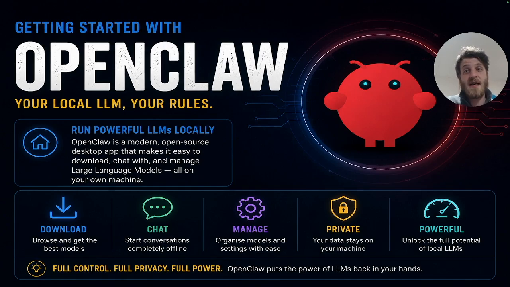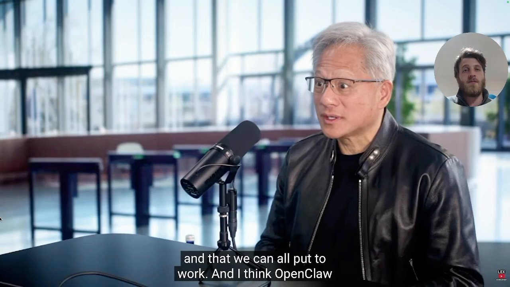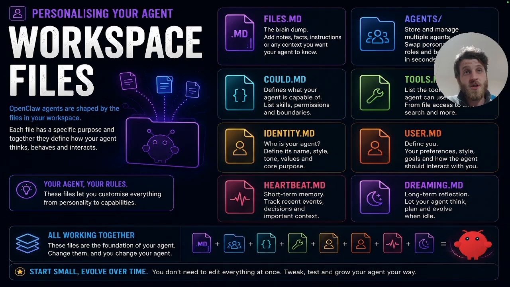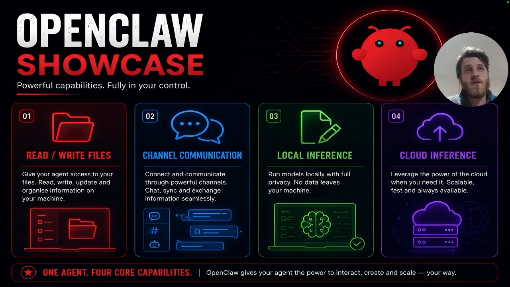We understand that you need large language models to be more powerful to get better results. And we've had an understanding of what Jensen from NVIDIA has highlighted. We've downloaded, installed, configured, verified, and launched OpenClaw. We've understood how all the workspace files turn it from a baseline large language model into an agent, and we've also had a showcase of some of those capabilities, or at least an example of how they could be used.